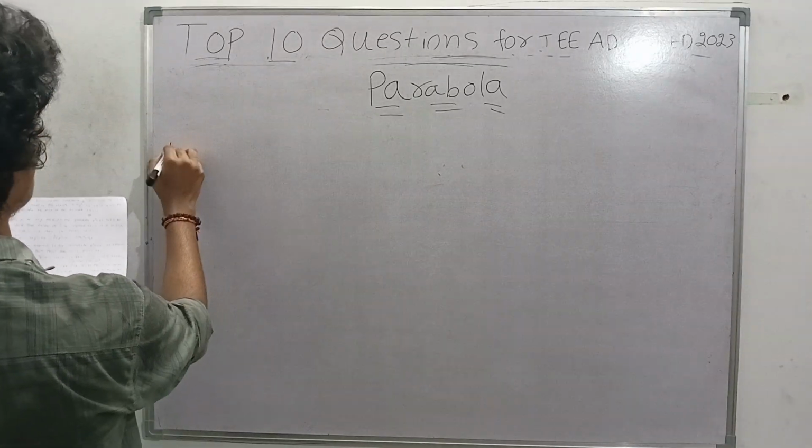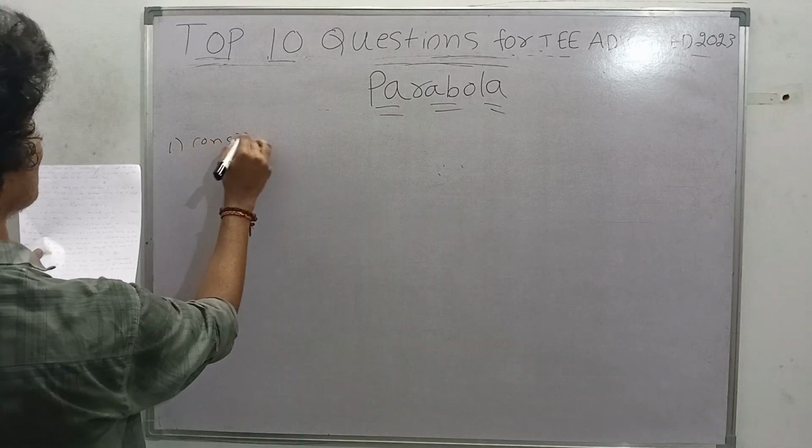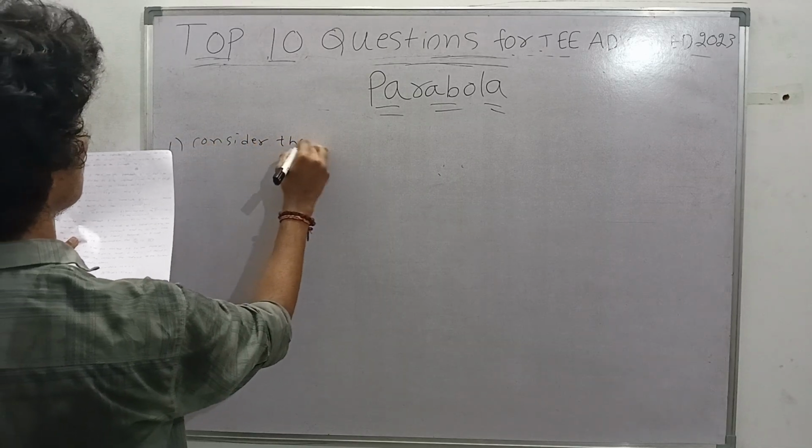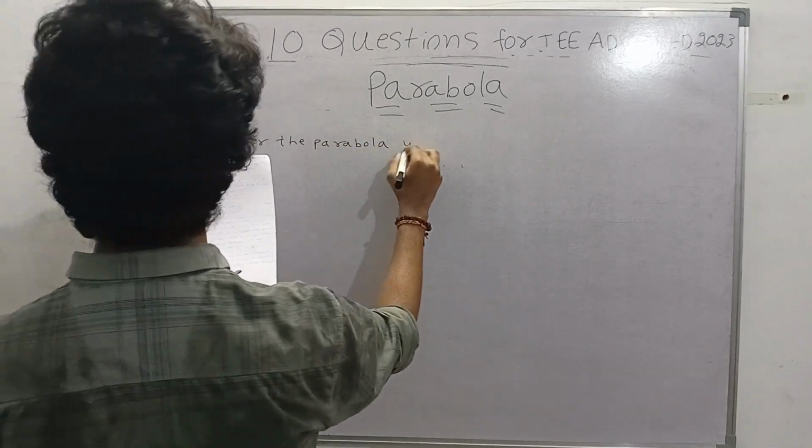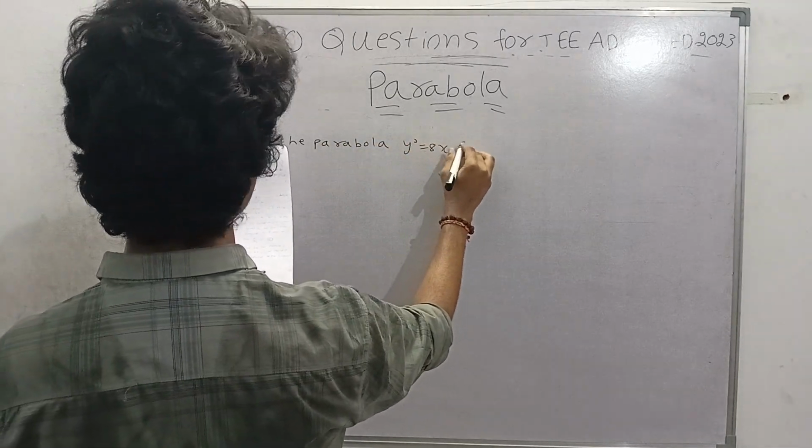The first question is, now consider the parabola y square equal to 8x.